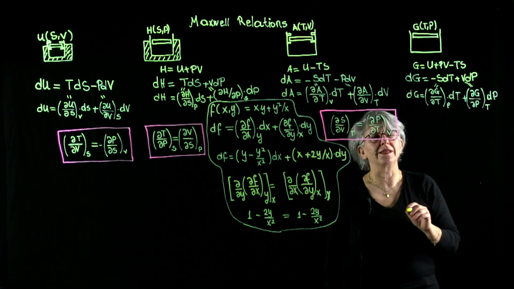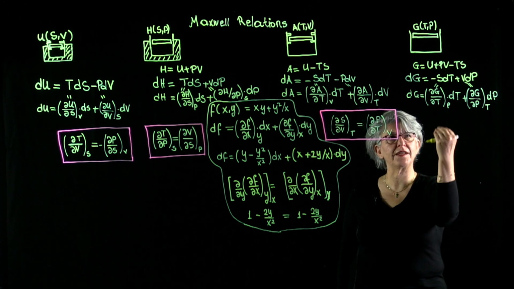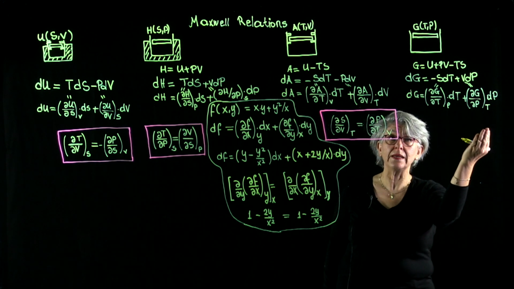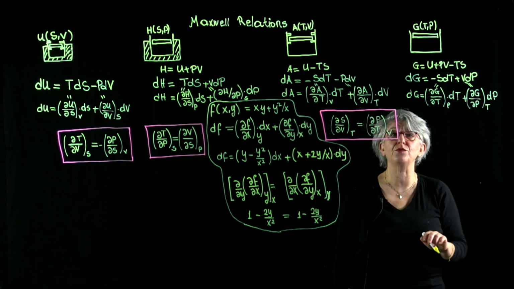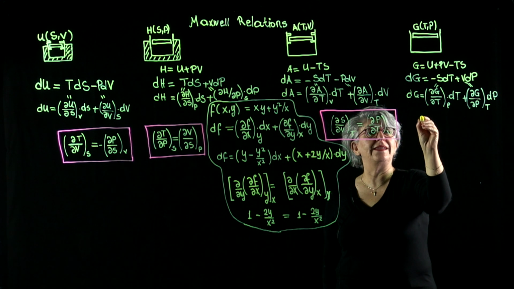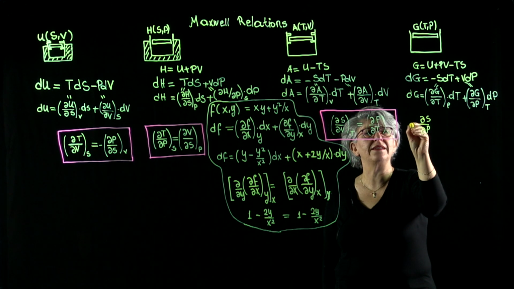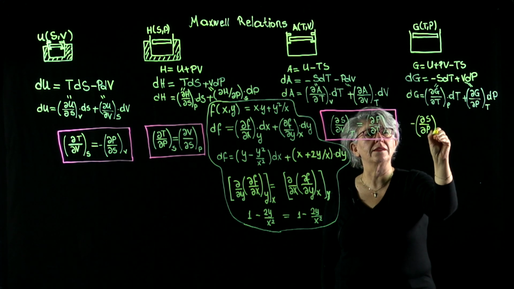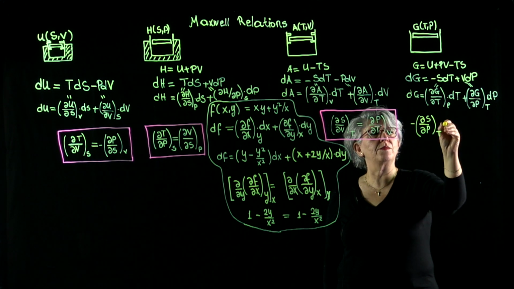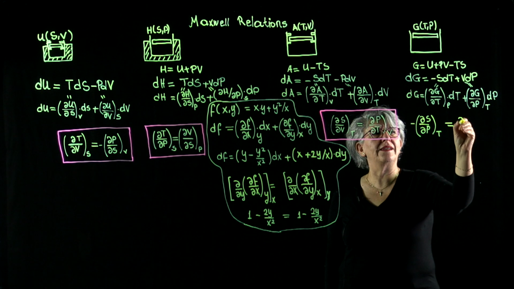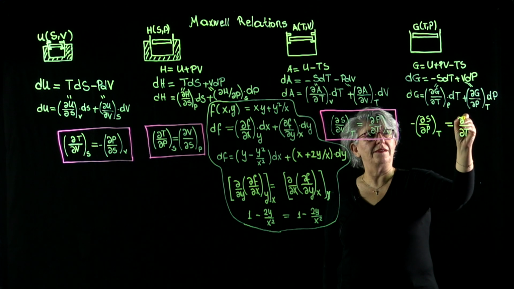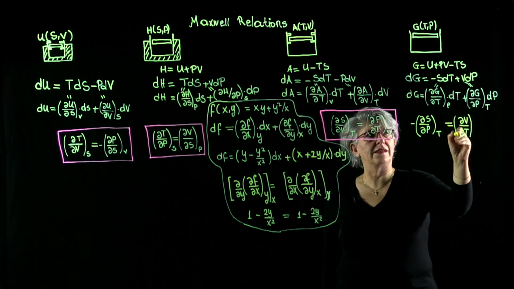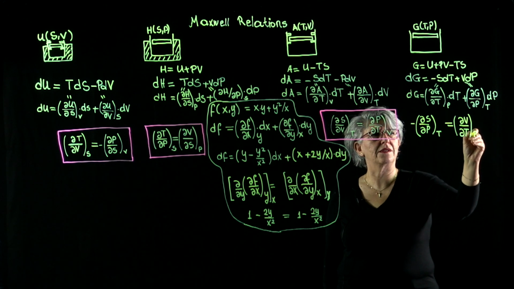All right. So I'm going to take minus S, differentiate it with respect to P. I will take V, differentiate with respect to T, and I know that they're going to be equal. Del over del P of minus S, keeping temperature constant, should be equal to del over del T of V, keeping pressure constant.